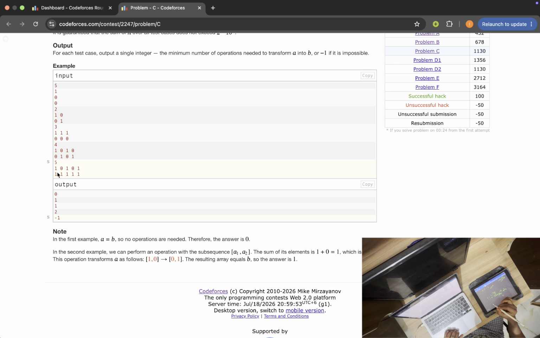1 1 0 1 1 1 0 1 1 1. Okay, if all values are 1, no matter what, it doesn't work. 1 operation, 2 operations, 0. It doesn't matter actually. If everything is 1, if there was a single 0, I could just make it 0, no matter what.